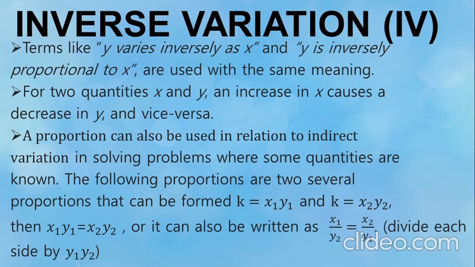Then x sub 1 y sub 1 is equal to x sub 2 y sub 2, or it can also be written as x sub 1 over y sub 2 equals x sub 2 over y sub 1. That is, if we divide each side by y sub 1, y sub 2.